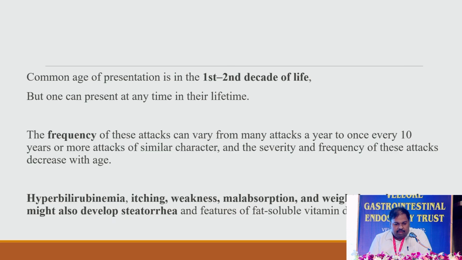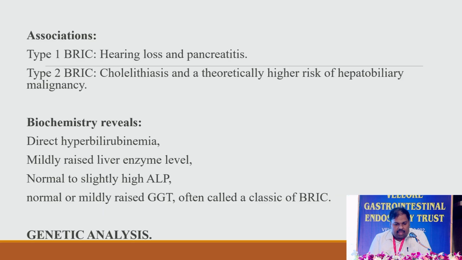BRIC is usually present in the second decade of life. The frequency of attacks can vary from years to once per 10 years or decades. And BRIC can also be of two types. Type 1 BRIC can be associated with hearing loss or pancreatitis, and type 2 BRIC can be associated with cholestasis.